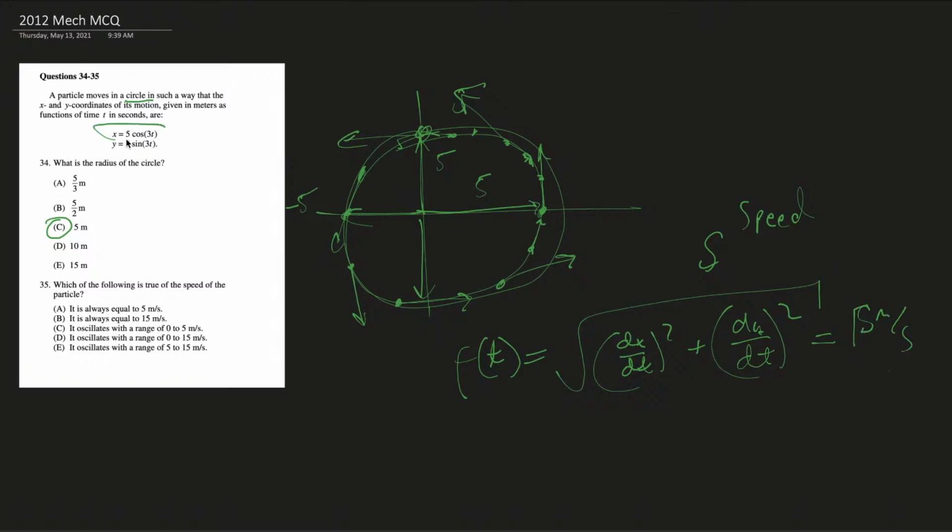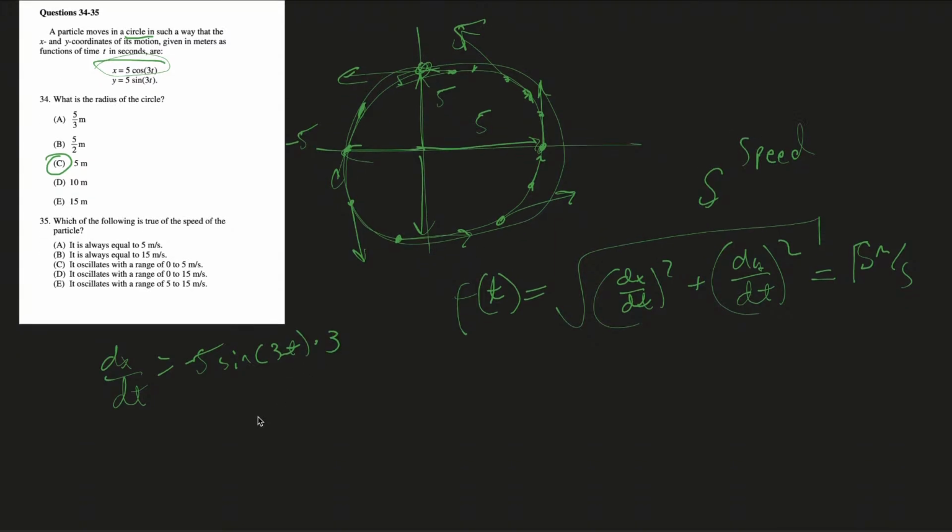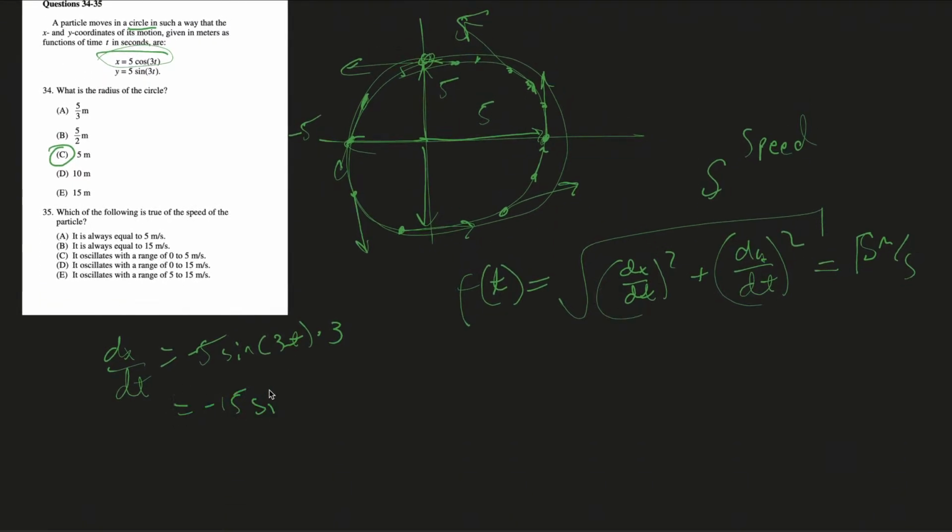If you want, you can think of it like this. If I take dx/dt, that's going to be equal to 5 times negative sine 3t times 3. So that's going to be equal to negative 15. So the maximum velocity in the x direction is going to be 15 meters per second.